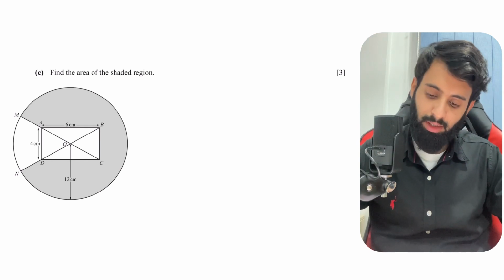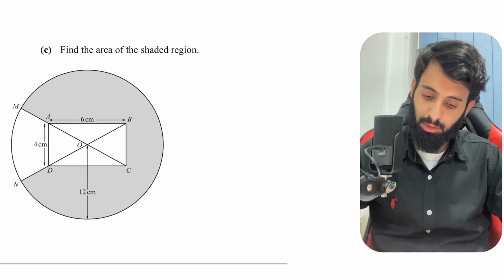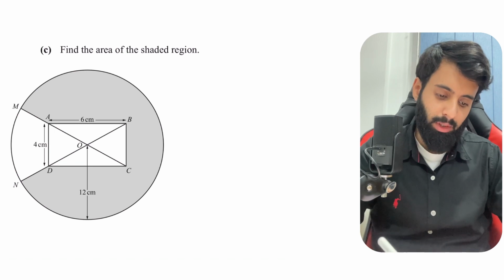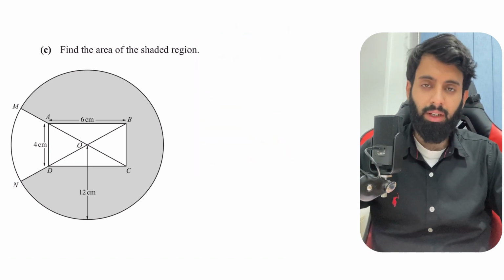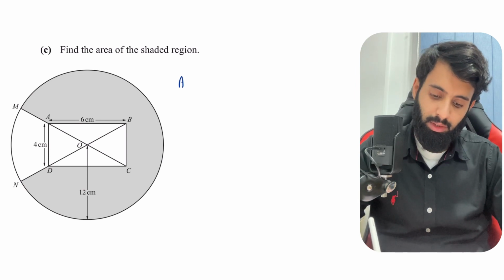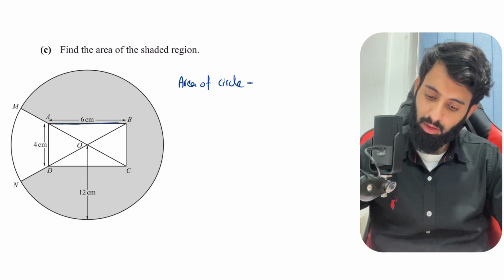Well, there are plenty of ways through which you could do that. Let's first write down theoretically how we're going to work it out. First of all, we will need the area of the circle, minus the area of this rectangle.